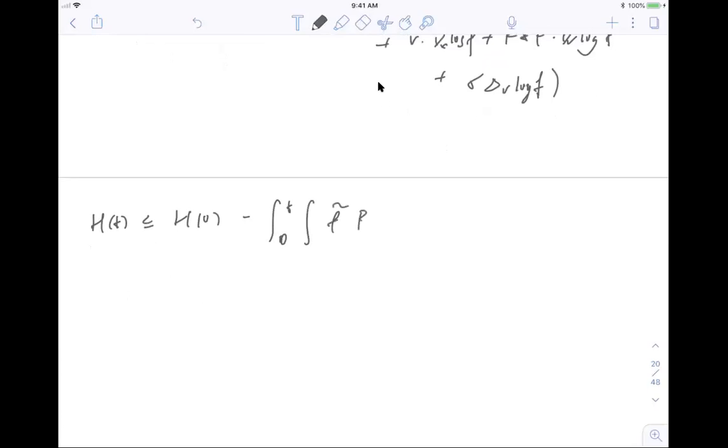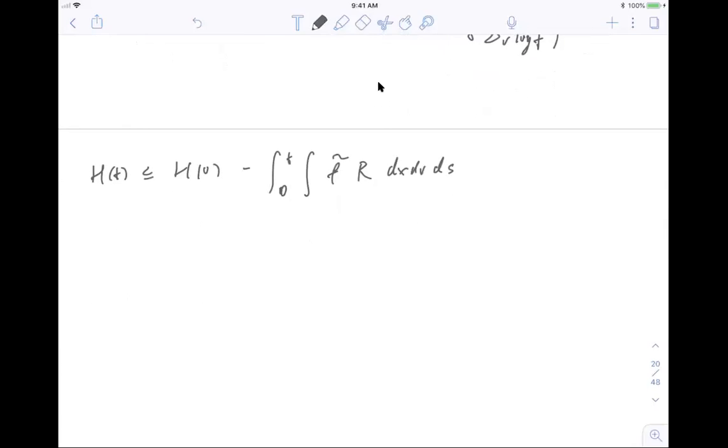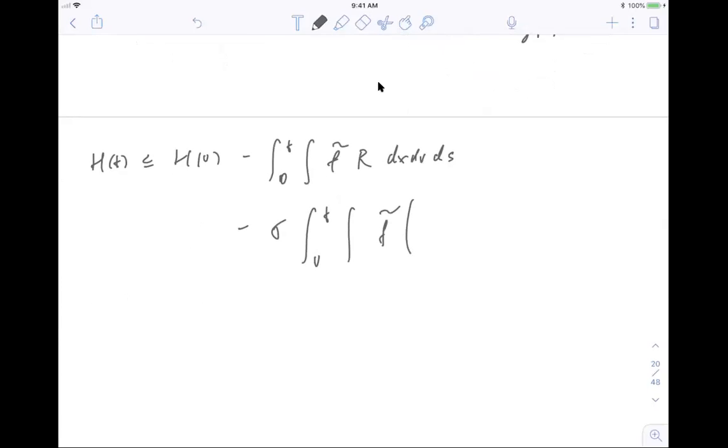Let's introduce the integral dx, dv, ds, where s is the time variable, and minus sigma from the integral of f tilde.